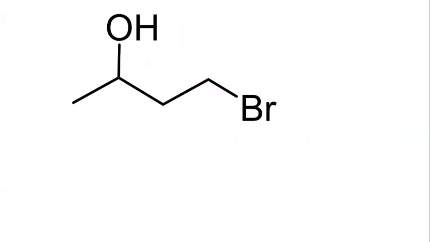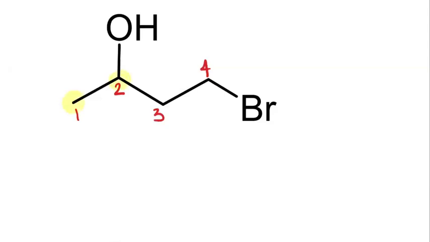Take a moment and name the following alcohol. The parent chain for this molecule is 1, 2, 3, 4 carbons in length. So if I write the parent chain, let me highlight it.